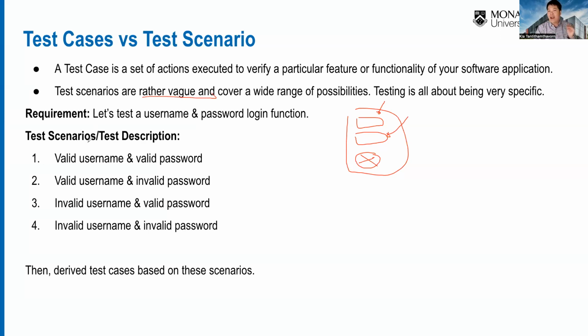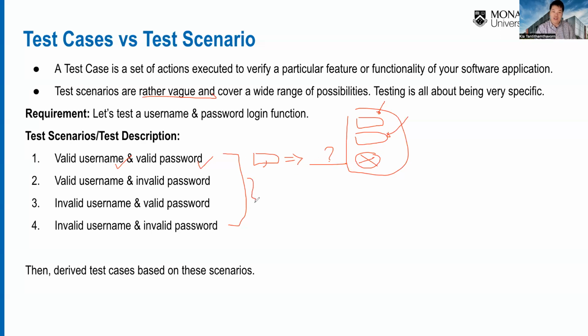So based on these, from what I can think of, there are actually 4 possible scenarios. We are talking about valid username, valid password. Okay, we just have one test case here with one valid username and a valid password in order to test something, okay? And then probably return true. That's a successful login, right?